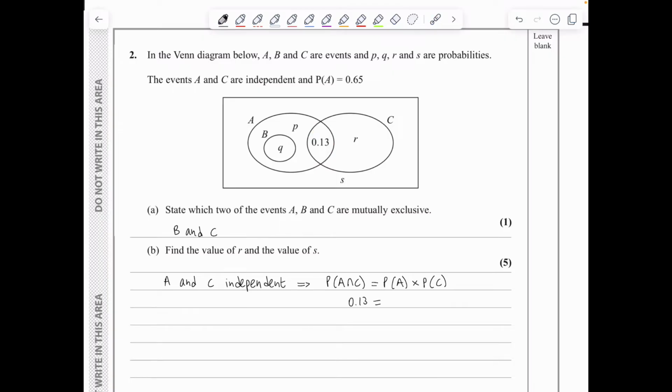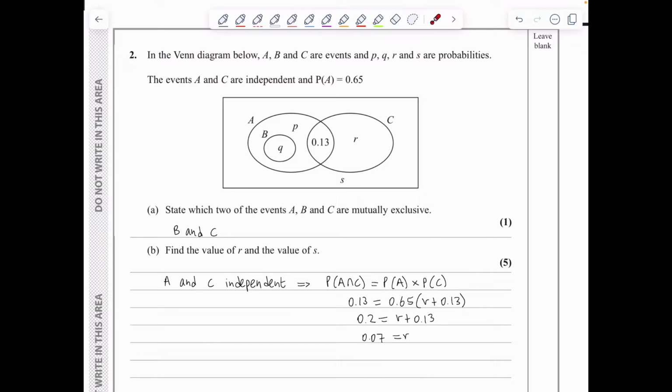The probability of A has been given to be 0.65, and the probability of C is R plus 0.13, so R plus 0.13 in brackets. If I divide by 0.65, I get 0.2 is equal to R plus 0.13, which means that R is 0.07.